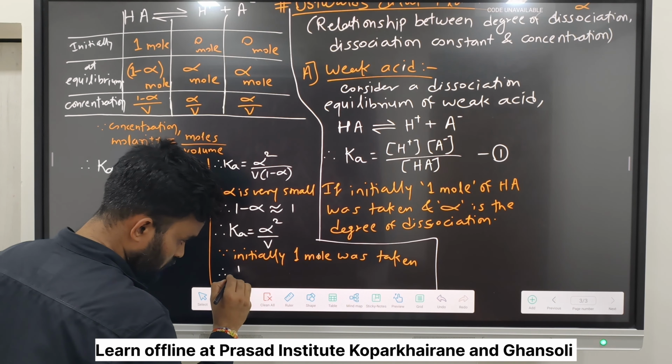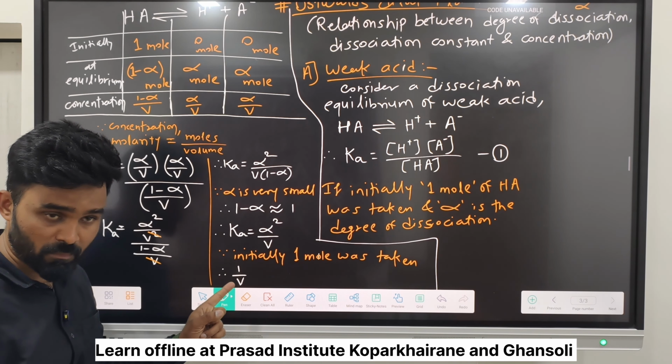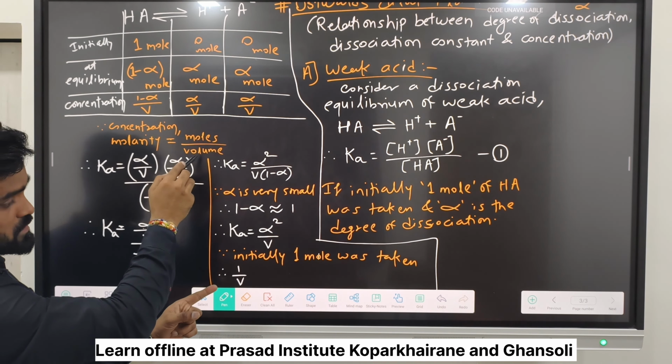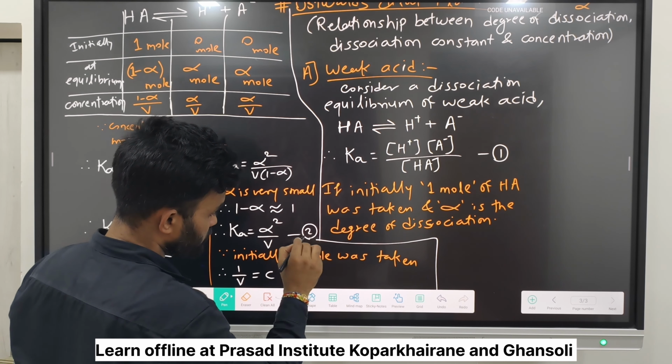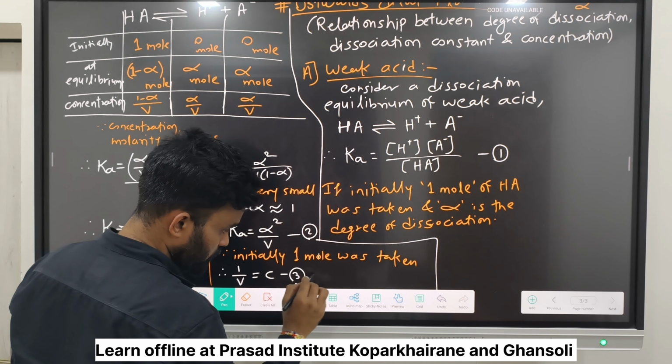Therefore 1 upon V, number of moles upon volume, 1 upon V is equal to C, concentration. Understood this? If we call this equation number 2, and that one 3.